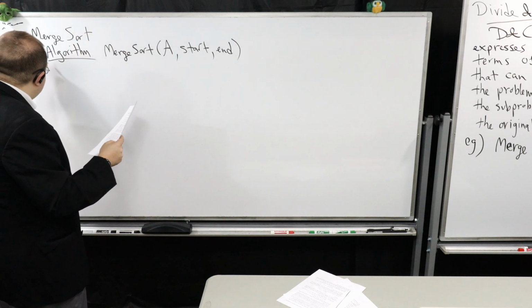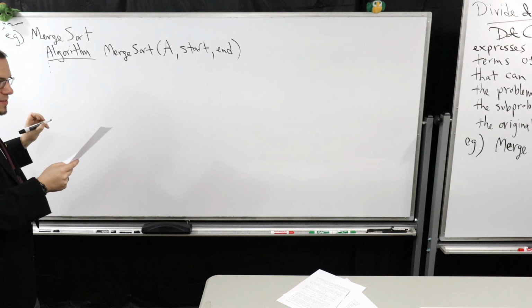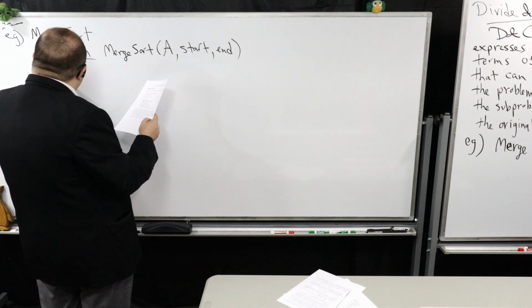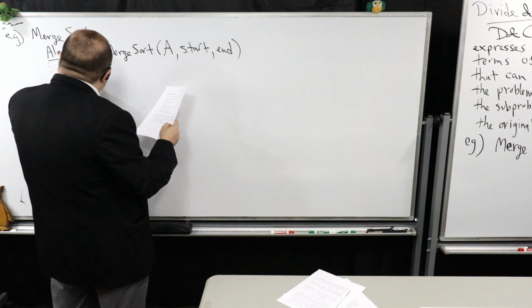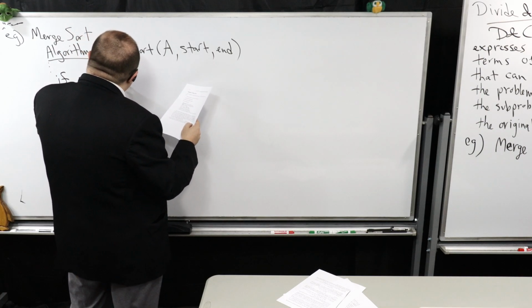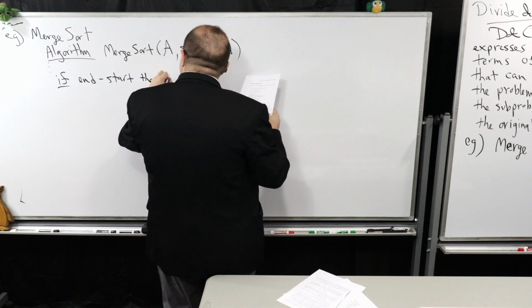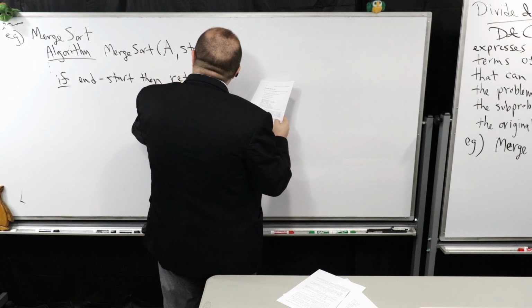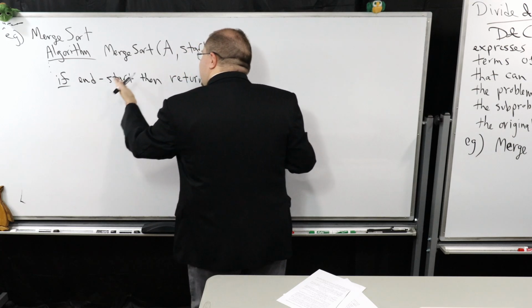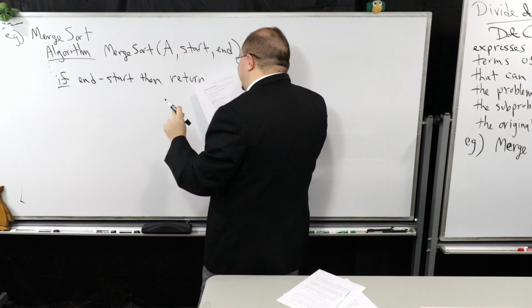I'm not going to worry for the sake of time about the input and output. I'll have this in the notes. So if we find out that we have no more elements to consider, then we just simply return. This is implicitly the base case.